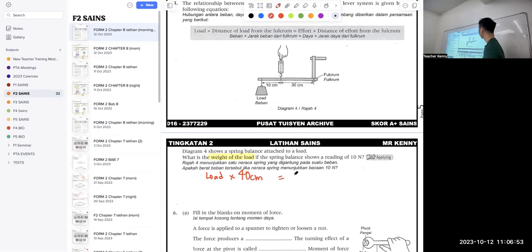Equals to, where's my effort? 10 Newton.